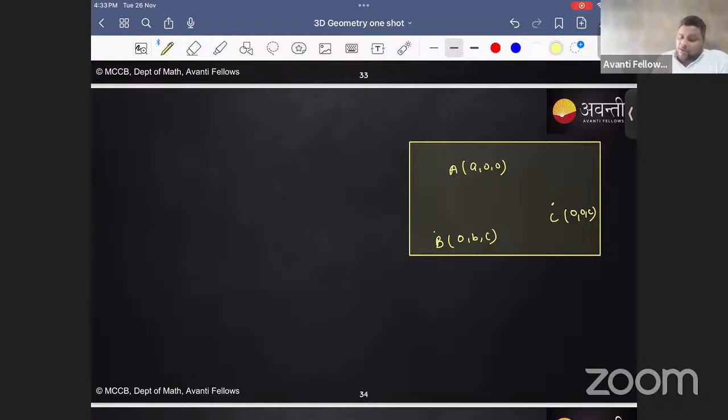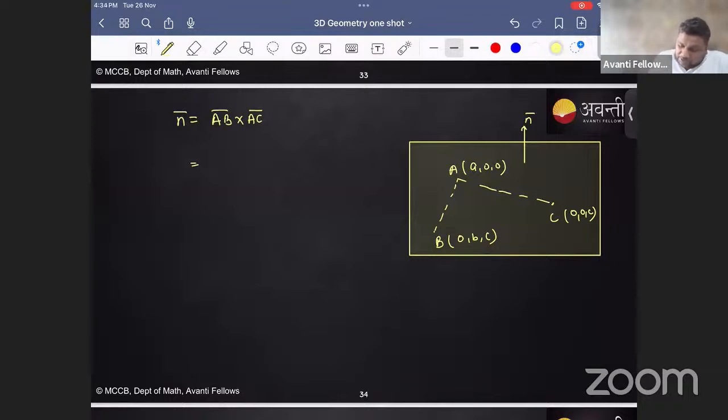You require the normal of the plane. Got it? Now in this plane, there are two vectors AB and AC. Since the normal is perpendicular to the plane, it is perpendicular to AB and AC also. So normal will be AB cross AC.